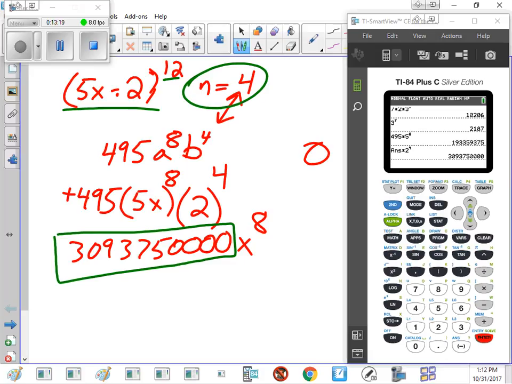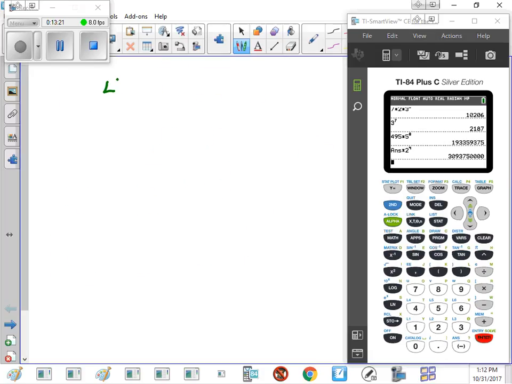Okay, so let's do one more. 4x minus 7 to the 11th, and I want to know when n equals 9. So I go to row 11.